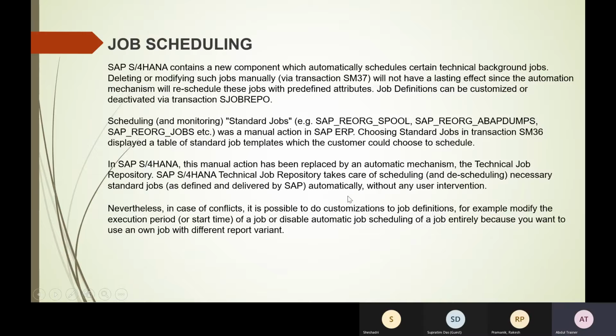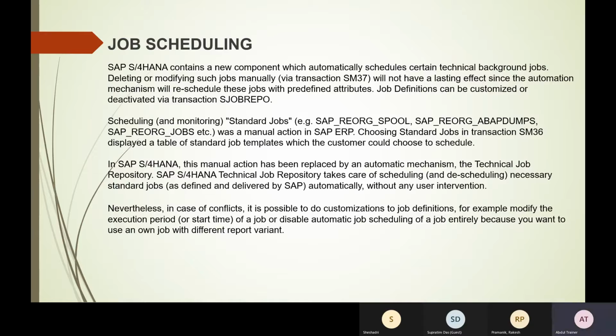Job scheduling. So in S4HANA systems, we don't use SM36 for standard jobs. All the standard jobs are scheduled automatically. The only thing is that you have to resume the background jobs using the BTC T codes.